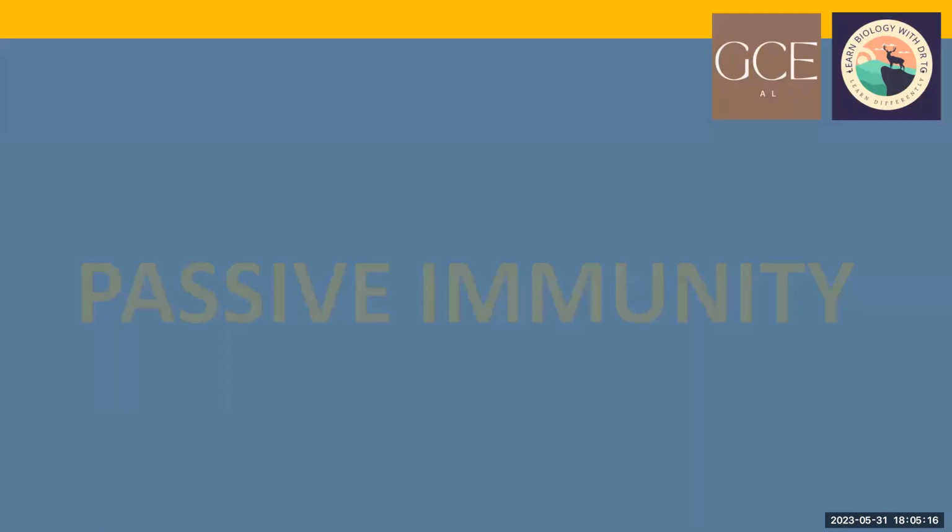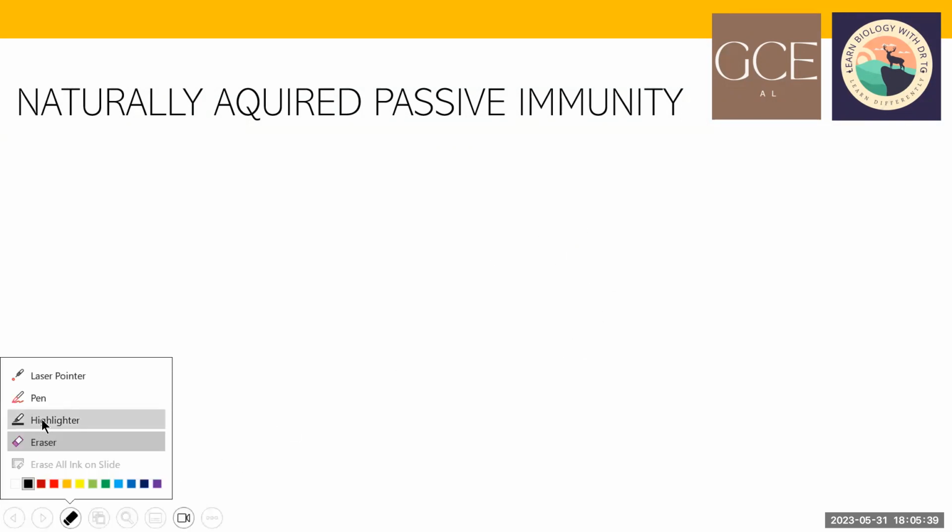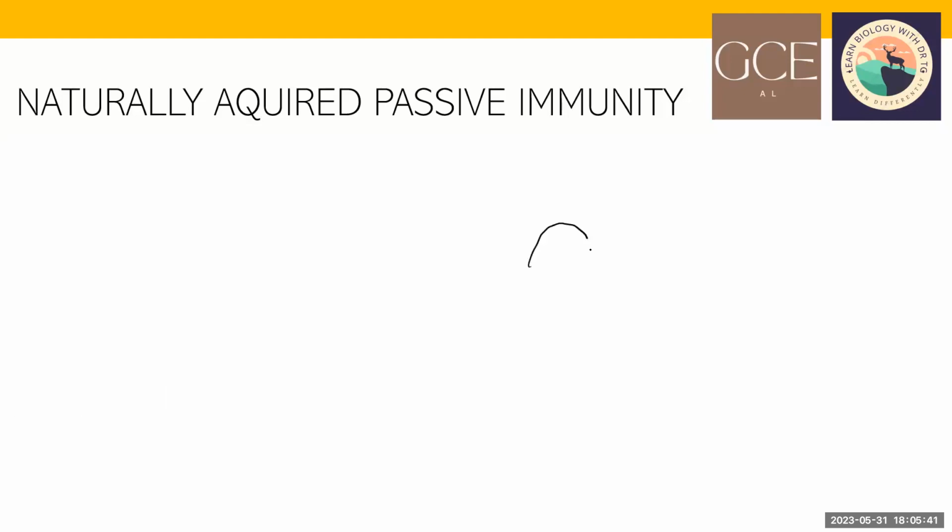Now we are coming to passive immunity. First, naturally, how do we get passive immunity? Well, it's like this. Interesting thing is when the baby, so this is a developing fetus.